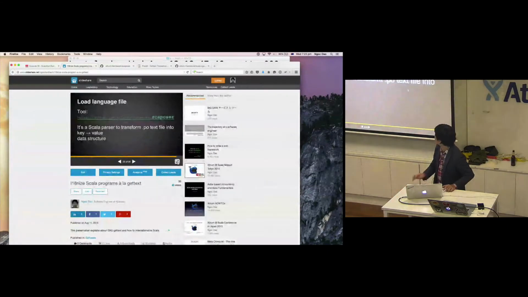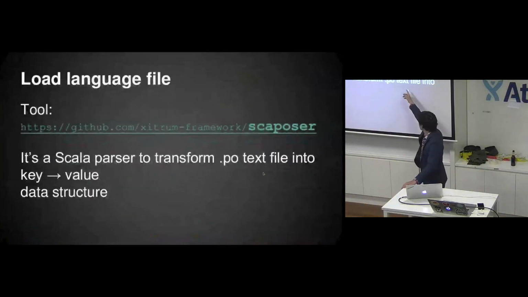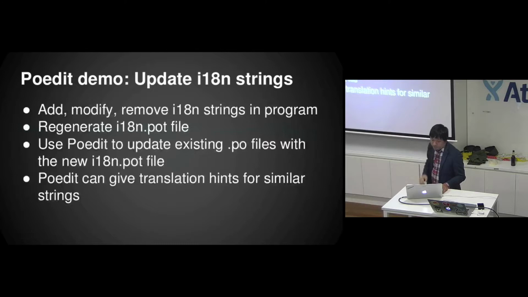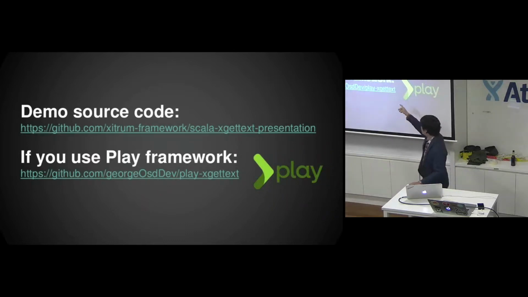This tool is a Scala parser that will transform the translated file into a key-value data structure to use in your Scala program. And if there's any time, I will show you this demo later. The demo source code is on GitHub, and you can also use this workflow in your Play web programs.